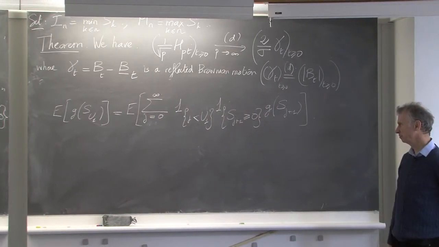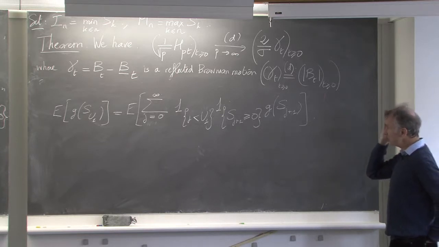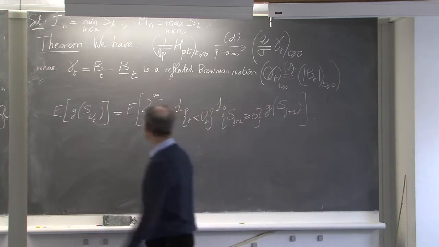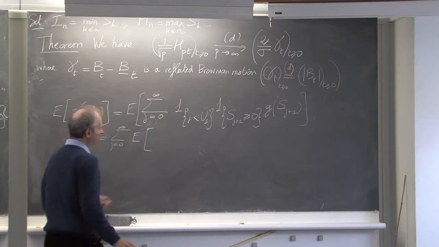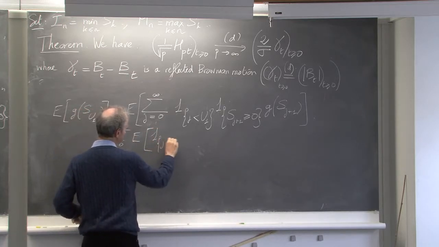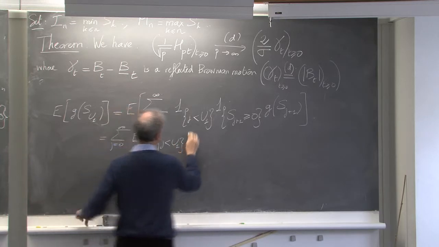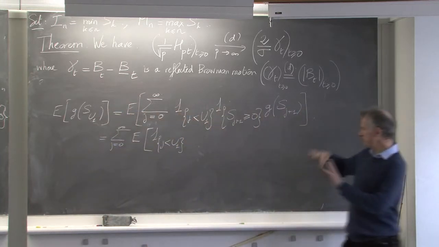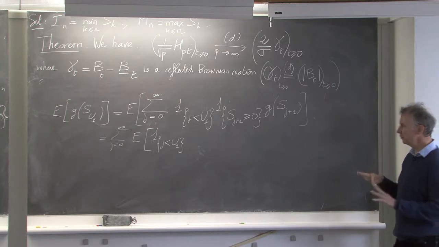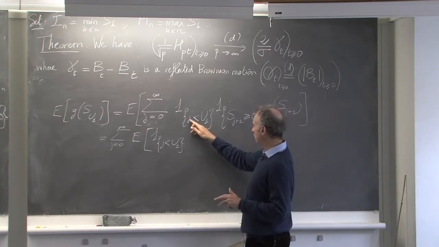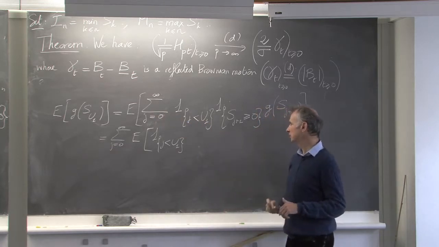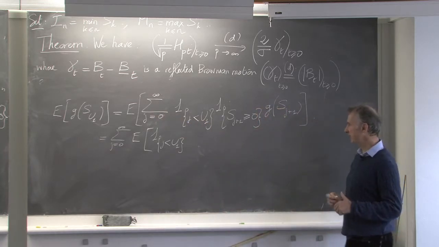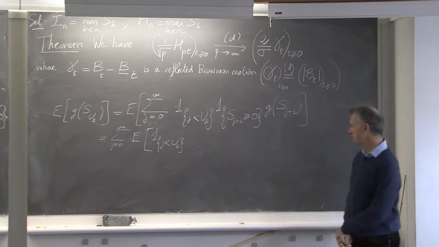Okay, so just a complicated way of writing the same thing. So now you have this, and what you do, well, you exchange the sum here with expectation. And then you are going to apply the Markov property. So this event here is measurable with respect to your random walk up to time j. If you know your random walk up to time j, if you have not become positive at that time, you know if this is true.